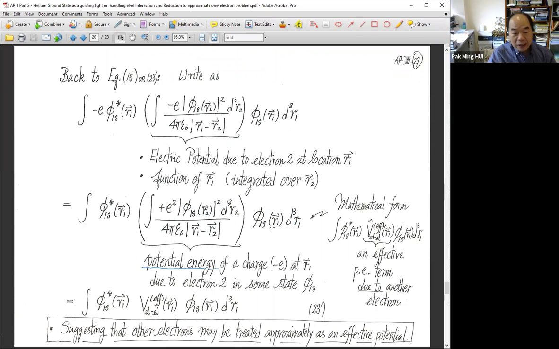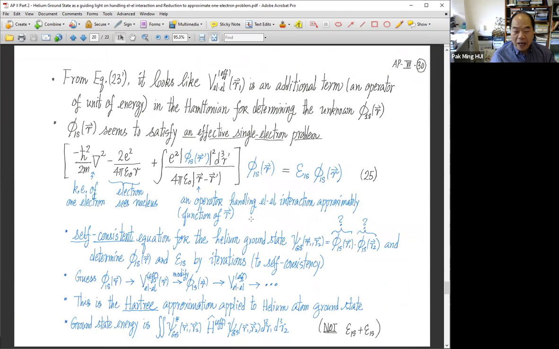With this idea, this leads us to write down an effective single electron problem. It is like a single electron Schrödinger equation to solve for what is the helium 1s and its energy. The Hamiltonian looks rather simple, but there's much physics hidden behind it. This is the kinetic energy of one electron.